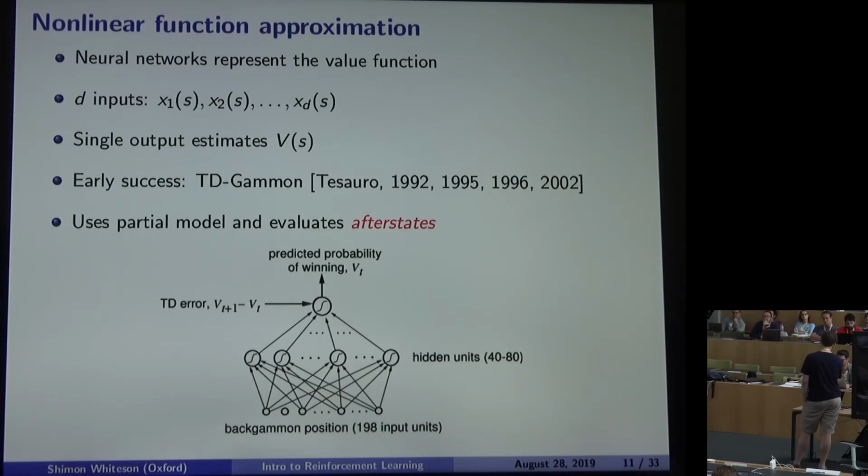His approach used something called afterstates, which is a technique that is useful in some specific settings where you have what I would call a partial model. If you think about backgammon, you're playing against some fixed opponent. Actually he did self-play, playing against his own agent, but we can ignore that issue for simplicity. Imagine you're just learning to play against some fixed opponent.